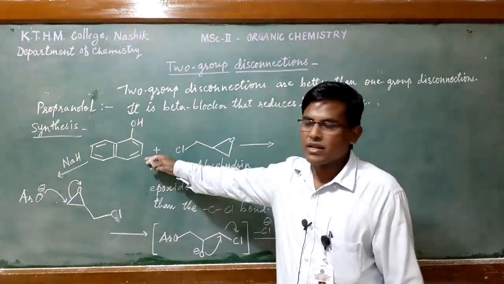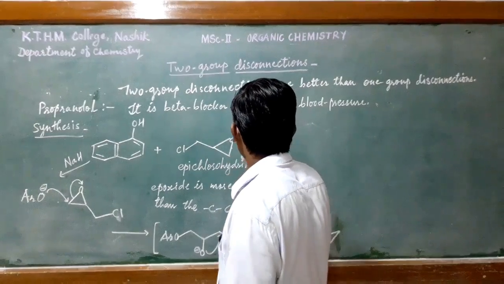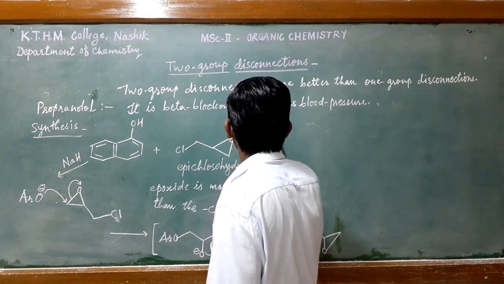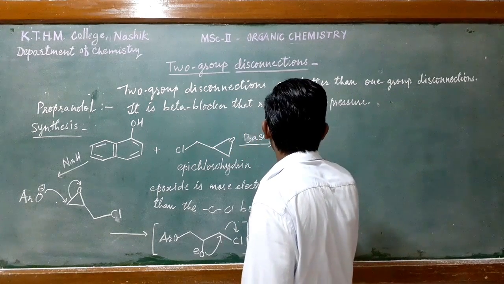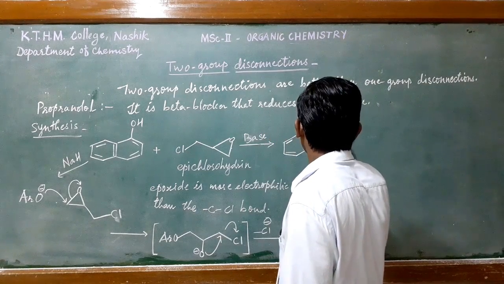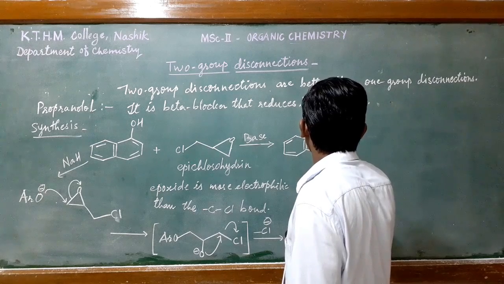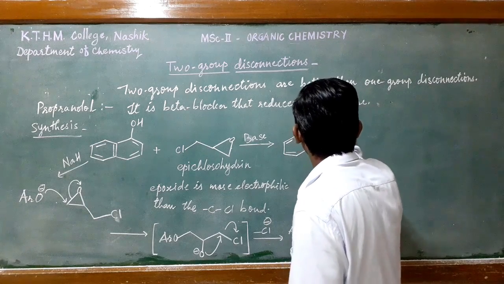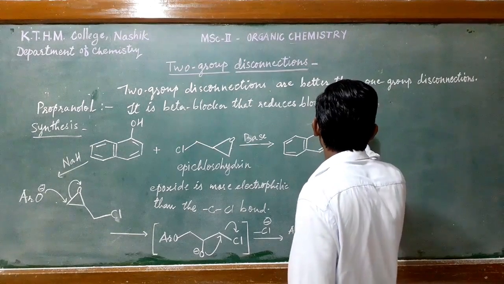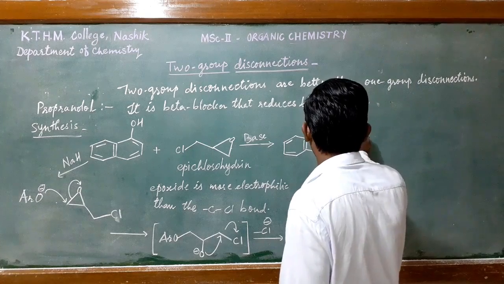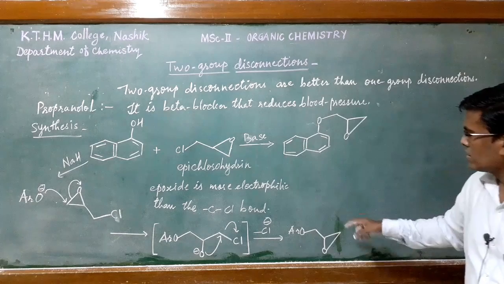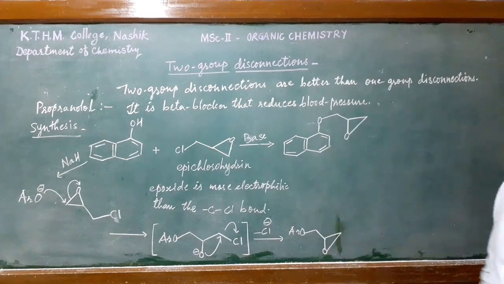So when you treat this alpha naphthol with this epichlorohydrin in the presence of base, so you could get this epoxide. Okay. This and this same.